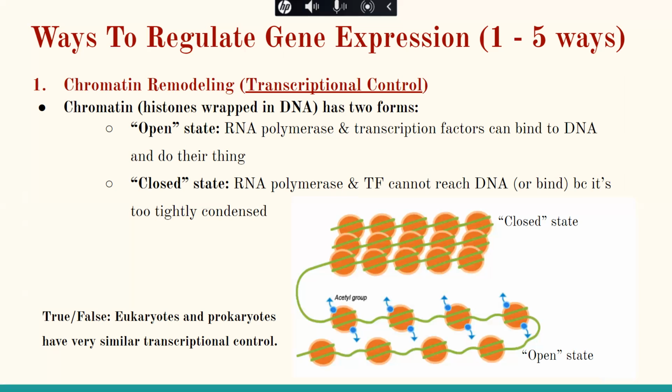So they still do some level of transcriptional control, but it's very different from how eukaryotes control their transcription. It's very different from this condensing and decondensing, and definitely not to the same extent that eukaryotes do. So that statement is false.